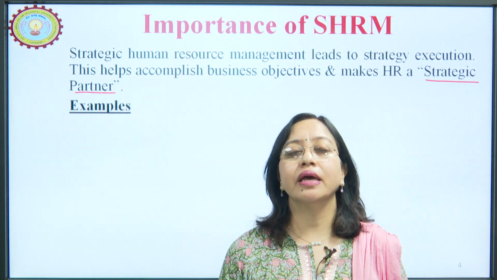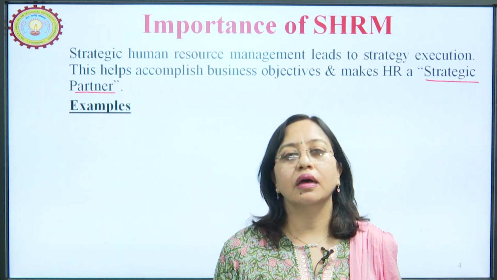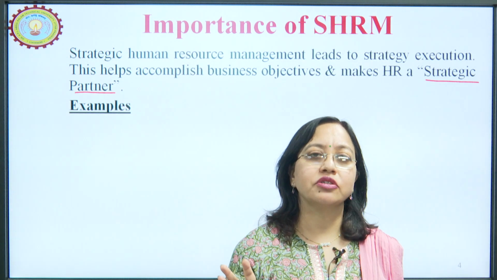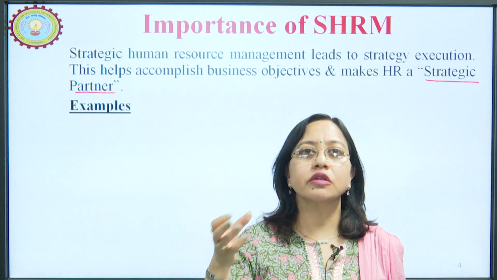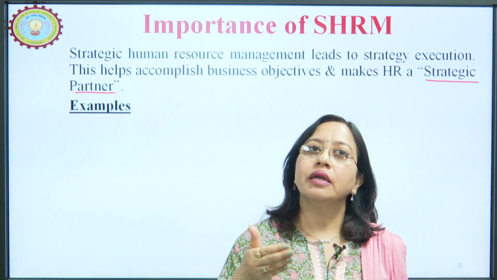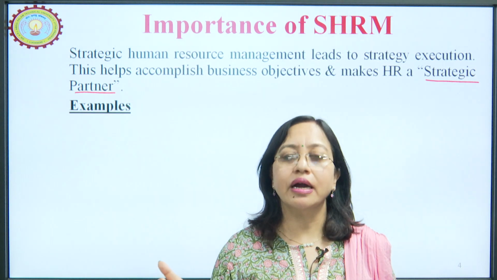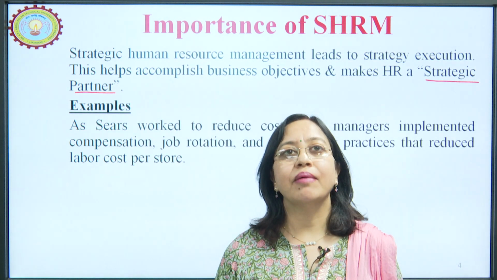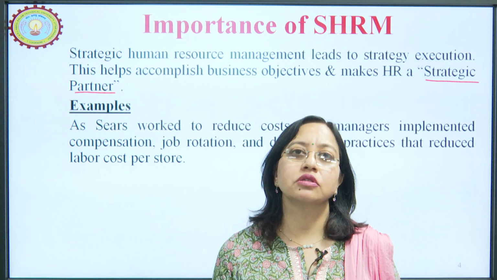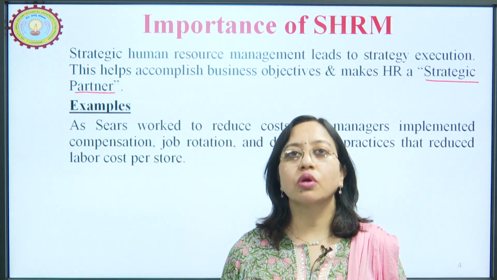Now, we can discuss certain cases and examples wherein it is clear that once we have formulated a strategy, unless our human resource policies and practices align with it, there will be a problem in the achievement of the desired results. One example is that of Sears, which is a chain of departmental stores, retail outlets in USA, and it worked to reduce costs.